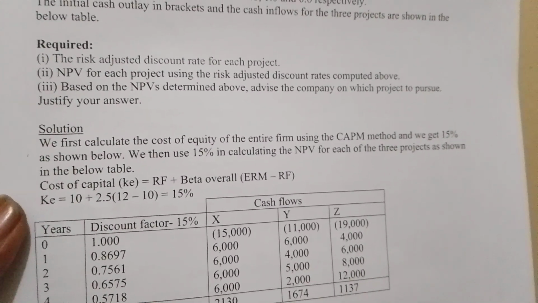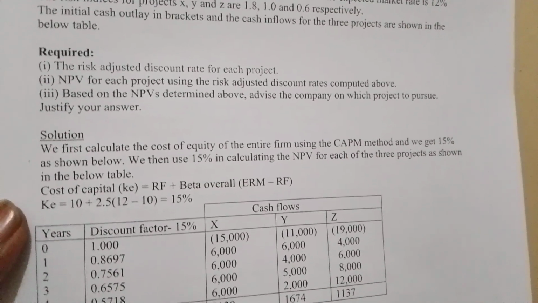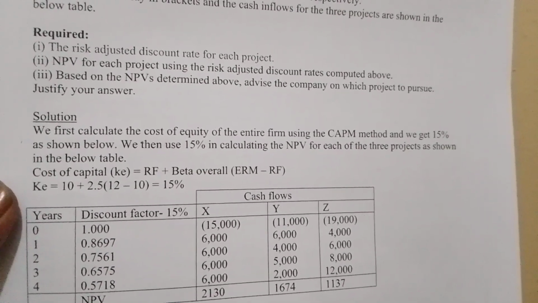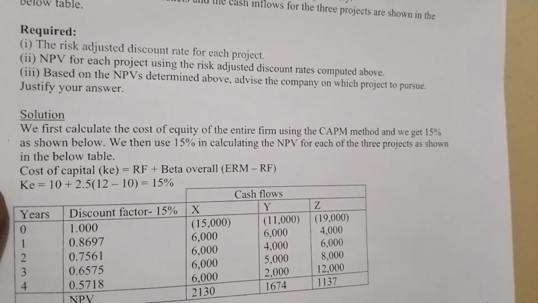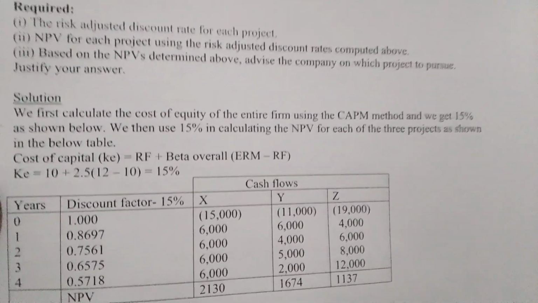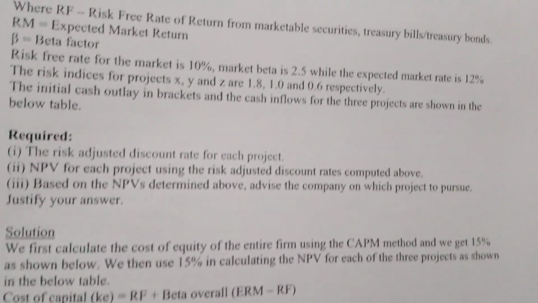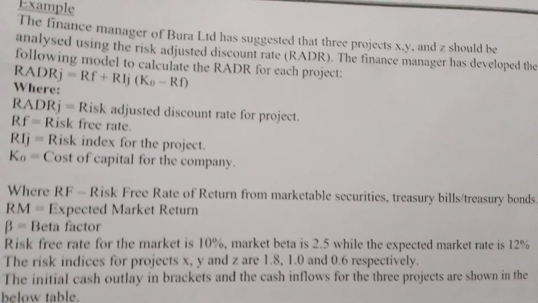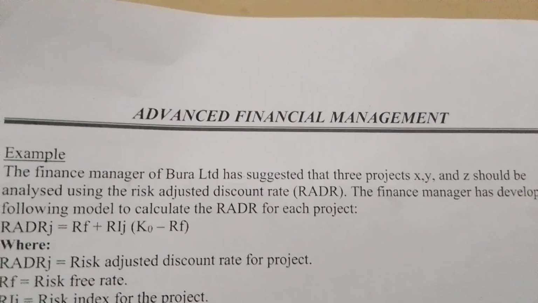You'll say that we first calculate the cost of equity of the entire firm using the CAPM method, and we get 15%. So basically, understand the CAPM, how to calculate the cost of equity using CAPM.